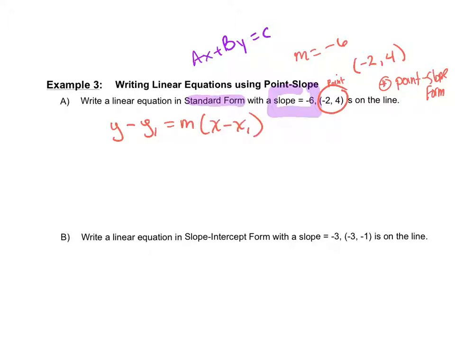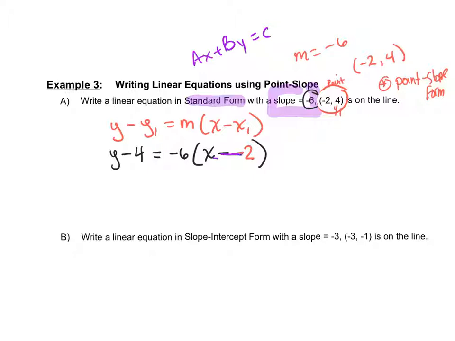And once you get that done, then you will move it around so that it's in standard form. So my y1 is 4, so it's y minus 4 is equal to m, which is negative 6, times x minus x1, where x1 is negative 2. So be careful with that. Minus negative 2.